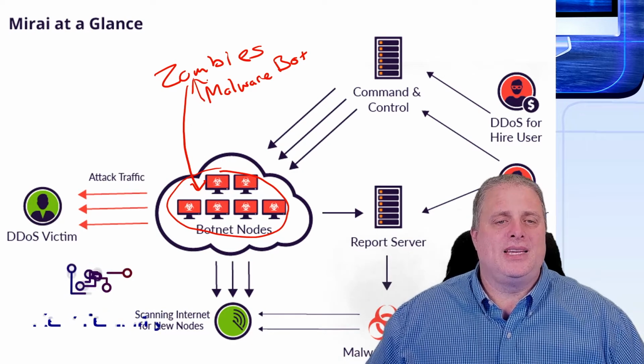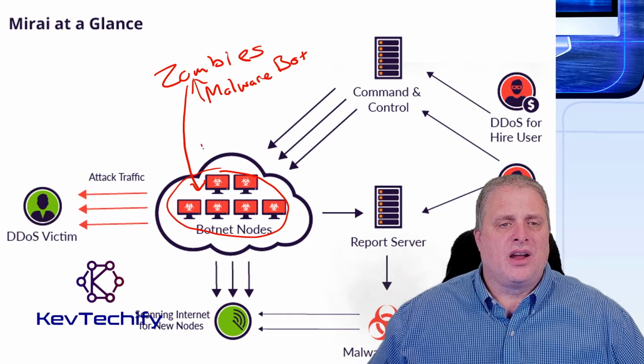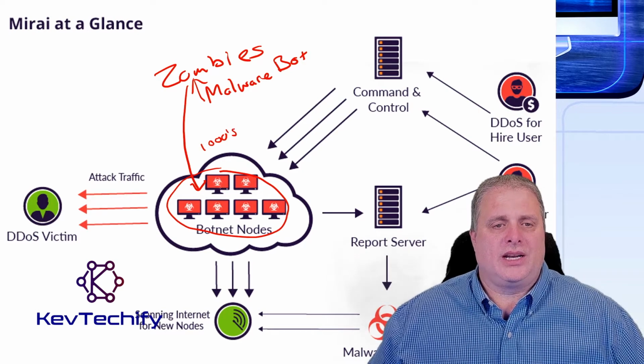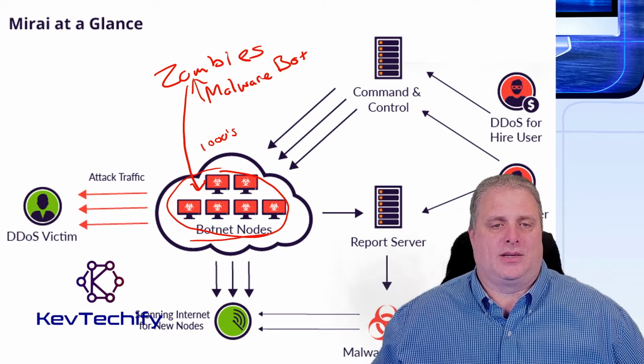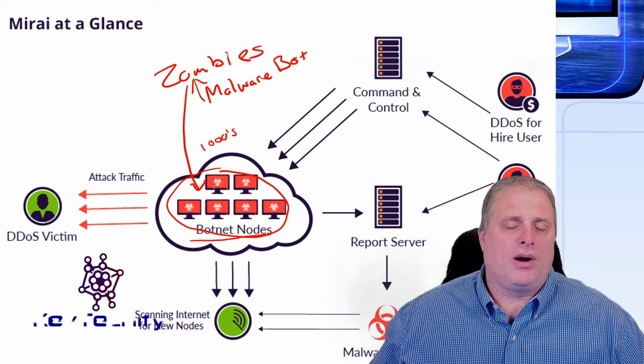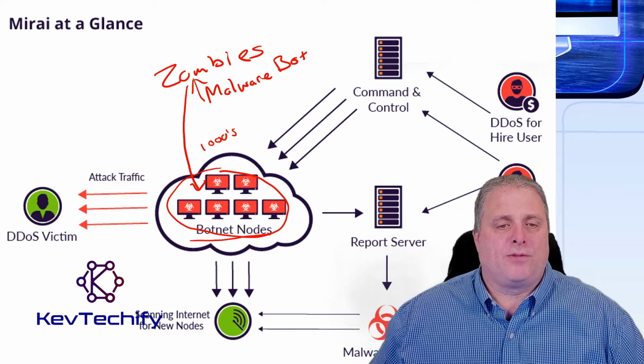These bots then, and once again, we can have tens, hundreds, or even thousands of these bots, they're all sitting there, and they form our botnet. So we have zombies that are compromised systems. They're running malware that turns them into a bot. And all of these bots together form our botnet.